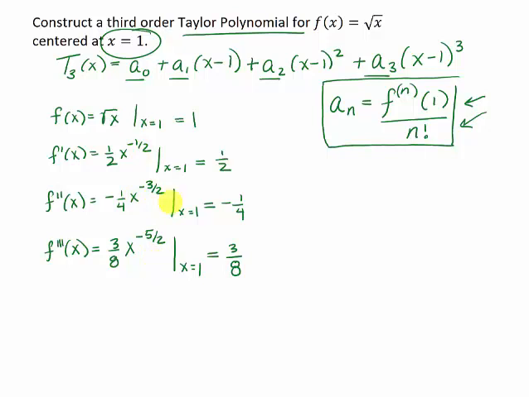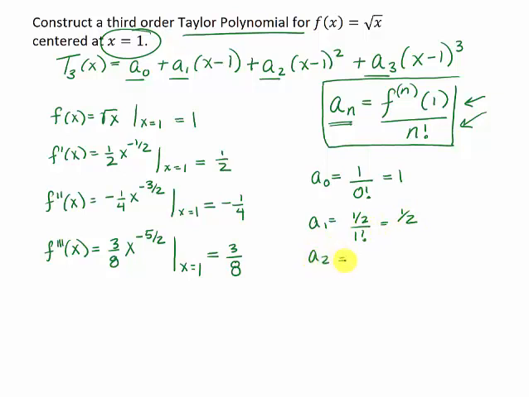Okay, now we need to build our coefficients. So a naught is going to equal our first function evaluated at 1. So that's going to be 1 divided by 0 factorial, which is 1. A sub 1 is going to be our derivative evaluated at 1, 1/2 divided by 1 factorial, which is 1/2.